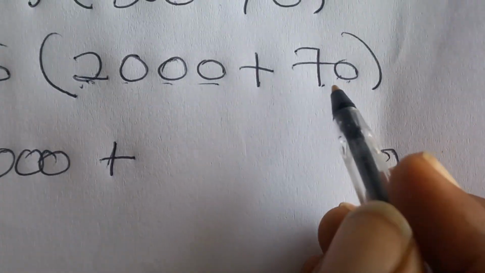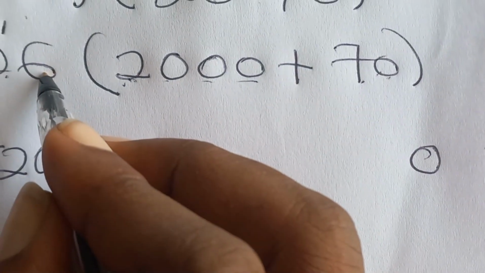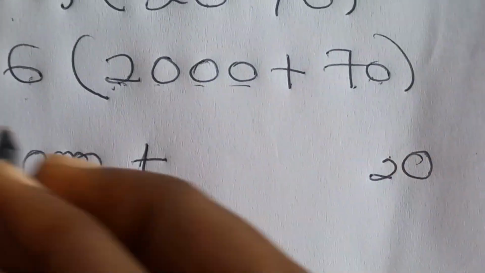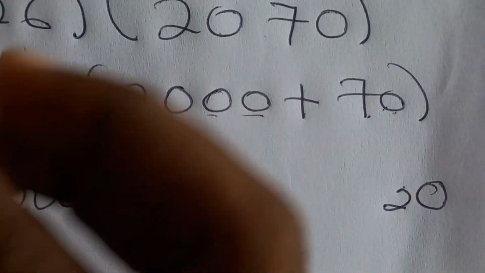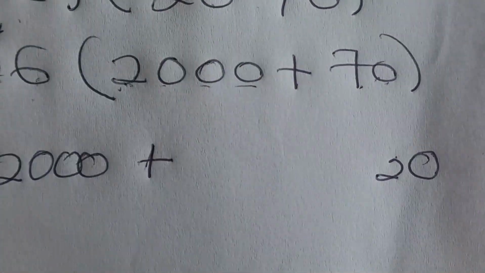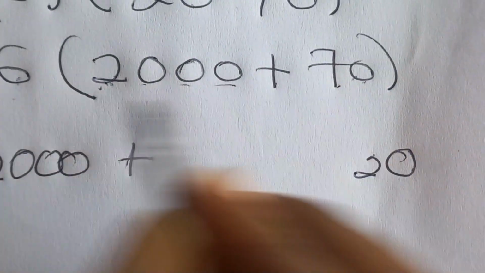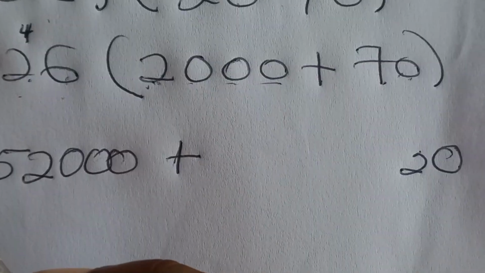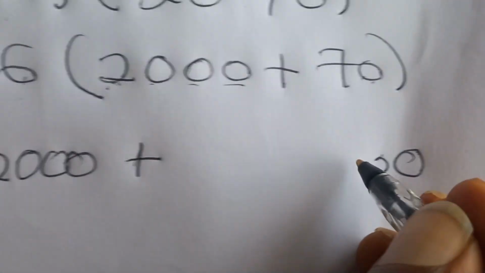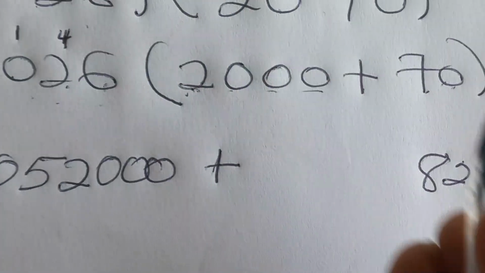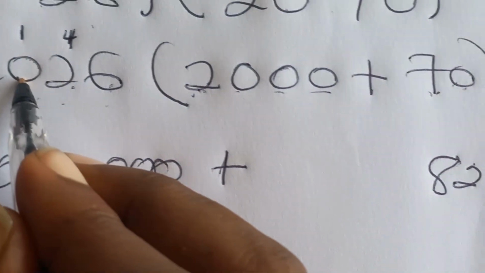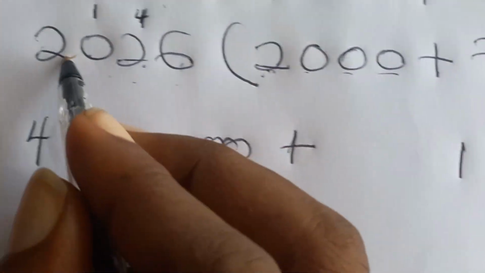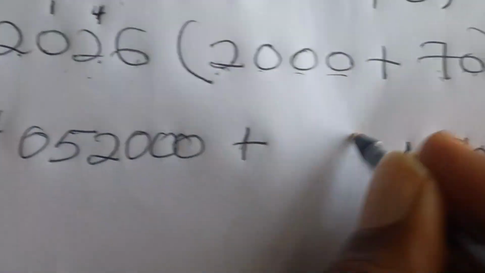Then 7 times 6 is 42, so 2, with a remainder of 4. Now, 7 times 2 is 14, 14 plus 4 is 18, so 8, with a remainder of 1. 7 times 0 is 0, plus 1 is 1. 7 times 2 is 14.